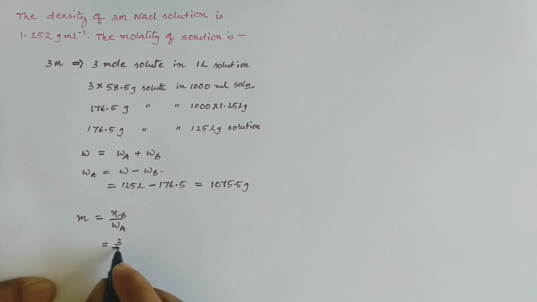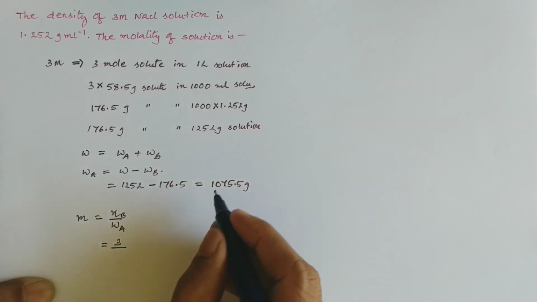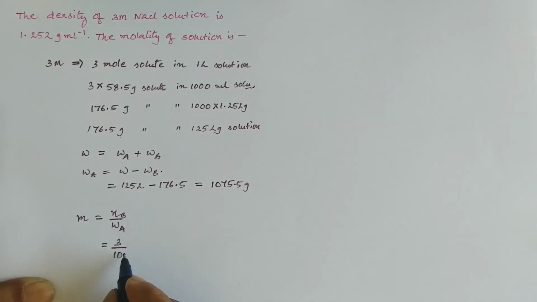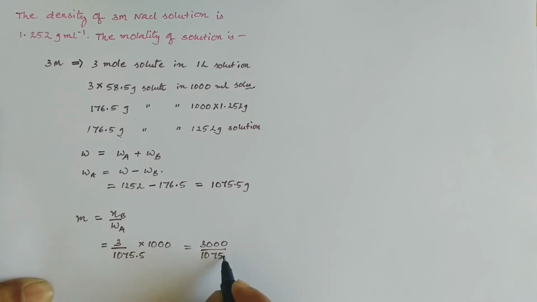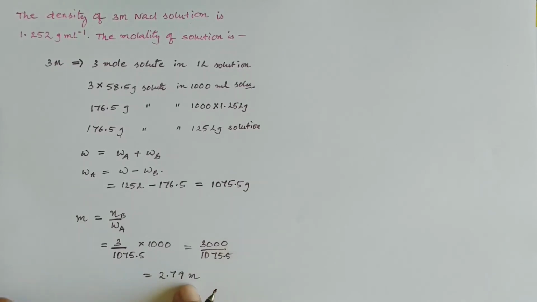So 3 mole divided by mass of solvent in kg, which is 1075.5 grams divided by 1000. So this is equal to 3000 divided by 1075.5. If you calculate, you will get 2.79 molal, or 2.79 mole per kg.